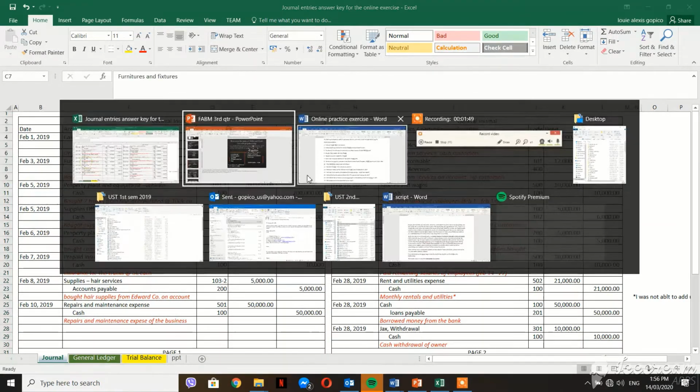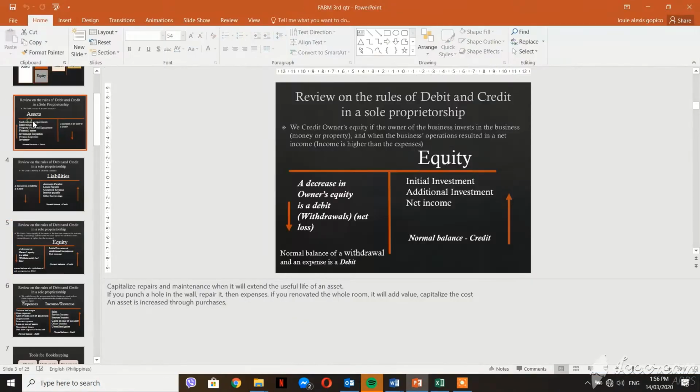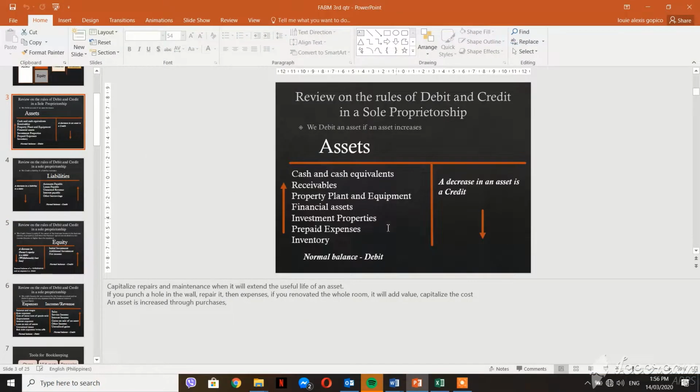So for February 3, various furnitures and fixtures costing 30,000 were purchased for cash. So it is simple to understand. Basically, the business bought furnitures and fixtures. Okay? So if you as an individual bought furnitures and fixtures costing 30,000, then you will have an asset worth 30,000.